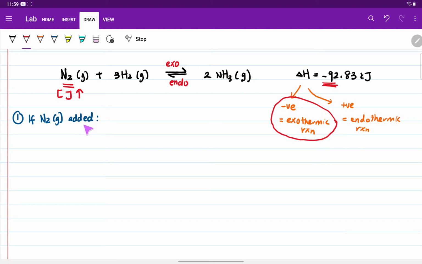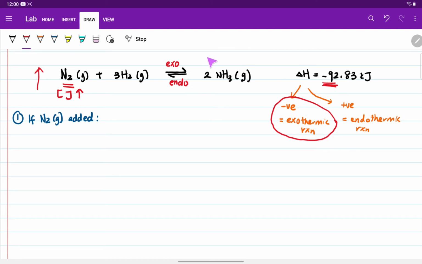So, if N2 is added, maksudnya concentration of N2 will increase. So, reactant sekarang ni ada banyak concentration. Walaupun kita tambah satu saja, tapi overall concentration of reactant is high. Okay, jadi bila concentration of reactant is high, sebelah kiri yang tinggi, ingat concentration akan sentiasa bergerak daripada tinggi ke rendah.